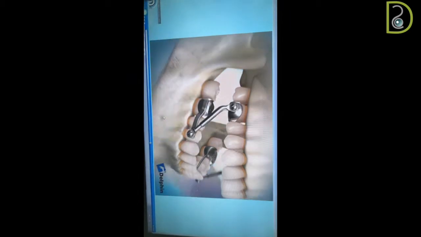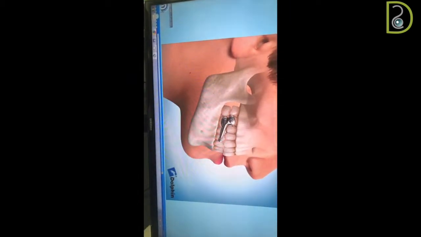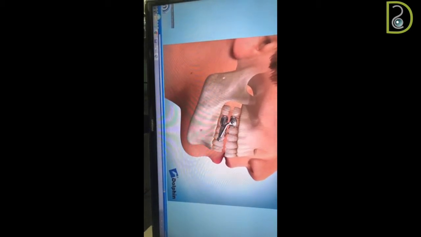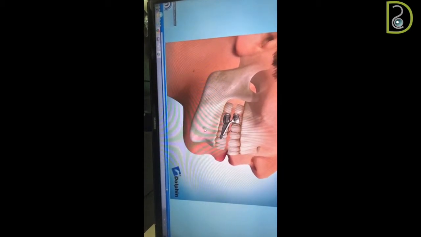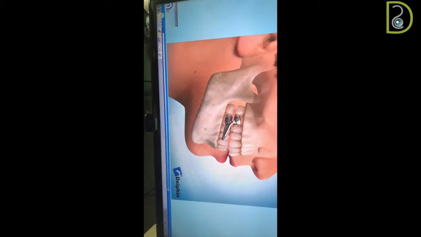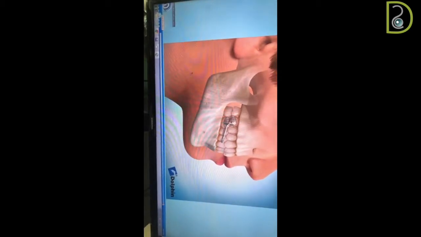For me, I use this a lot. I like it because it gives too much force and it helps skeletal correction of the mandible. It stretches the mandible forward and it advances the lower teeth. Now you can see the correction that it does to the patient profile.